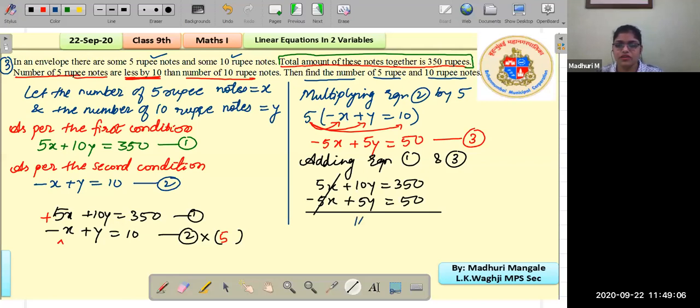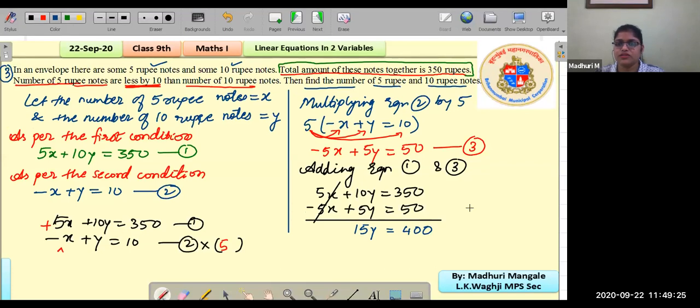We are adding the equations, so that would be 15y equals 400, right? And what is 400 divided by 15? Everyone, I know you all are trying, keep trying.